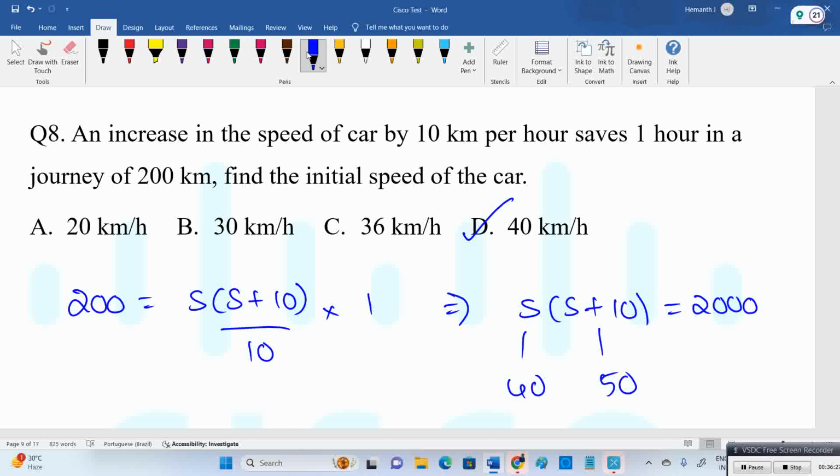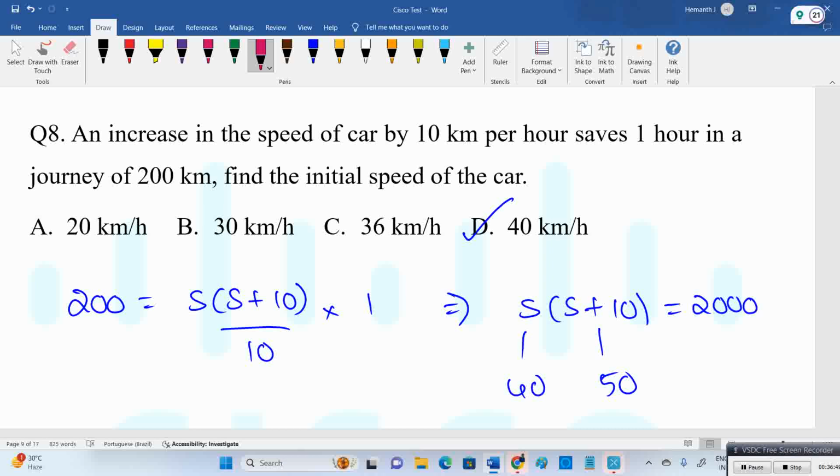No, sir, I don't know that formula. In the exam, I didn't get that idea. No problem. We'll see the other approach. Yeah, that's also the case. We don't remember all these formulas in the exam. Just now, as we discussed, we're recalling that distance is the product of the speeds divided by the difference between speeds into time gain.